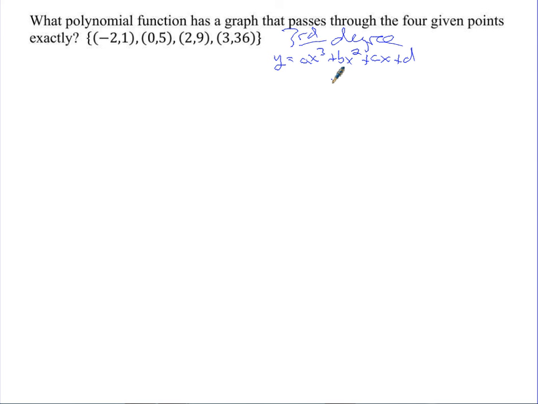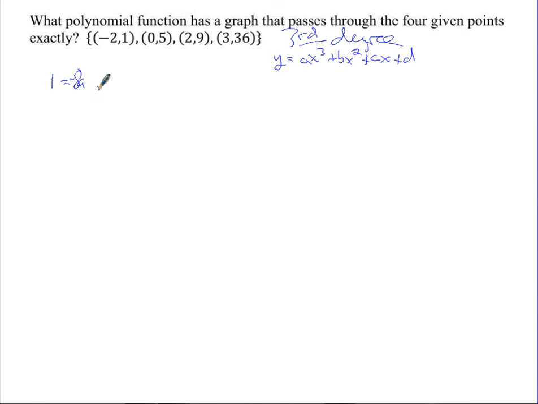So let's start writing the equations. 1 equals a times negative 2 to the third. What is negative 2 to the third? Negative 8. So I'm not going to write a times negative 2 to the third. I'm going to write negative 8a. That saves me time and space.